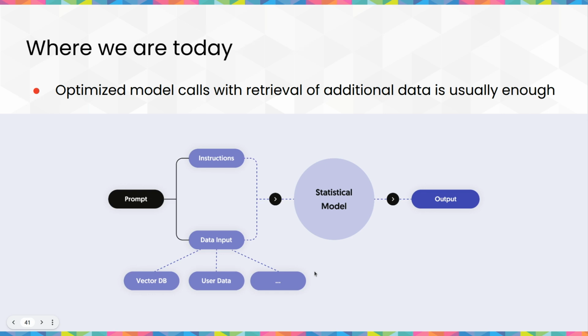So then you fine tune your question. You change it. That's the same thing. So you develop ways to modify the data input, for example, by fetching data from a vector database, or you can fetch user data, for example, past orders in an e-commerce scenario, and you add this to the question that's being asked, for example, where is my order? And then an answer can be produced.